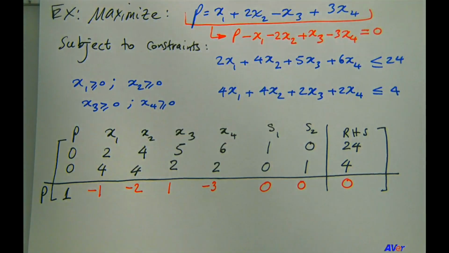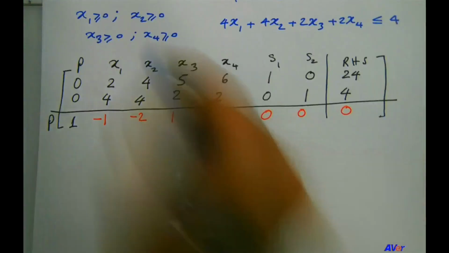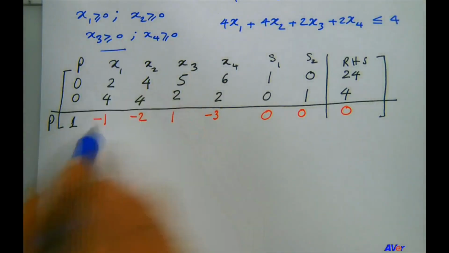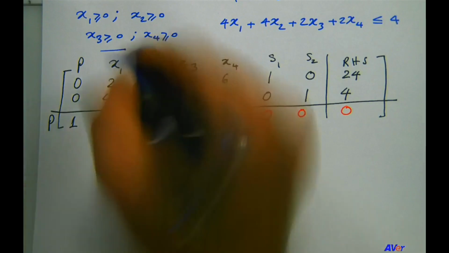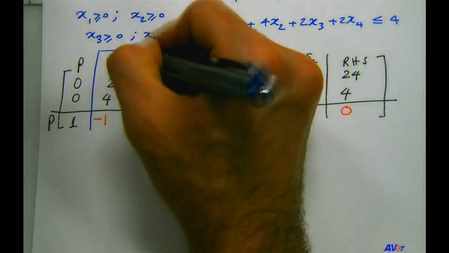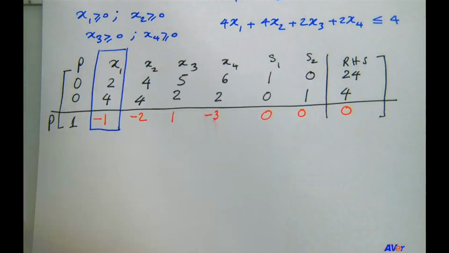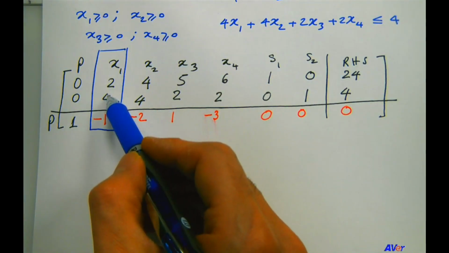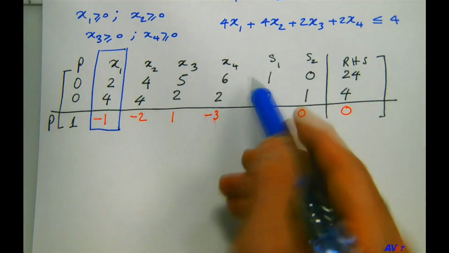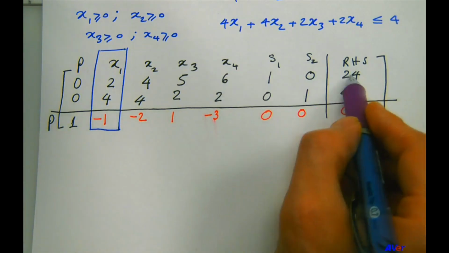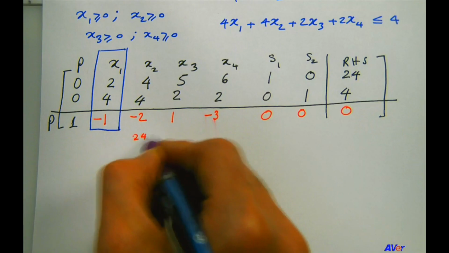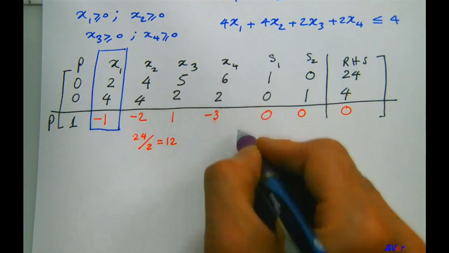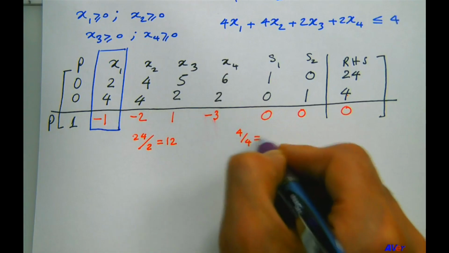Okay, so of course the column over the first negative number from the left is the pivot column, right there. Both those numbers are positive, which means we need to find the smallest ratio. So 24 divided by 2, that's 12. 4 divided by 4, that's 1, right?